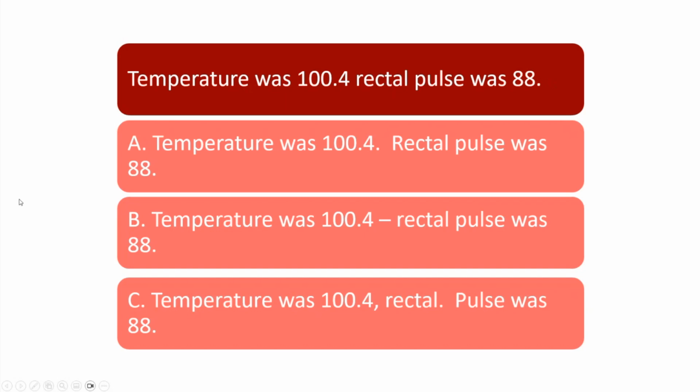Let's take a look at the options here first and let me know in a couple seconds how you think those sentences should be divided. All right, go ahead. Let's put our answers in if you like.